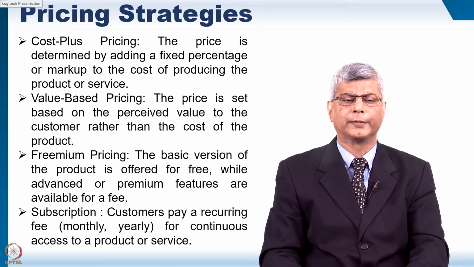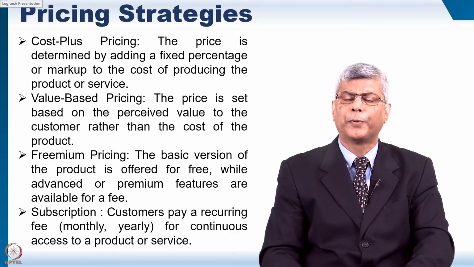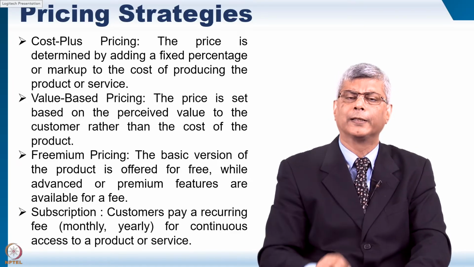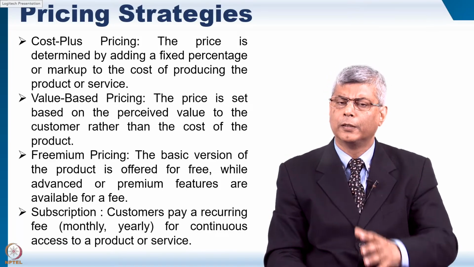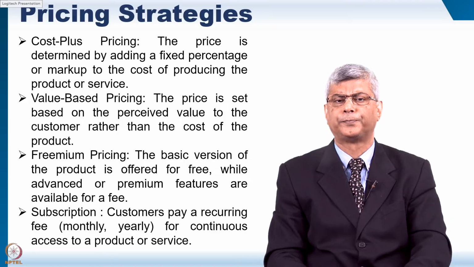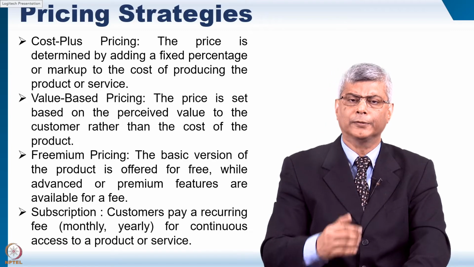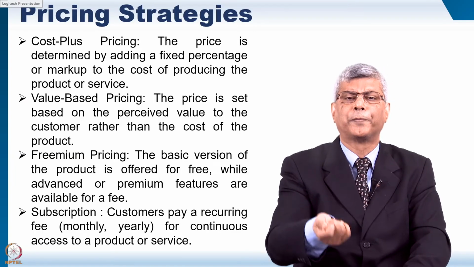That's value-based pricing. Freemium pricing is where you give some of it free, but then if you want more of it, you have to pay for it. And this is very usual in software kind of products. So you can get some of the features free. But if you want more features, you have to pay for it.